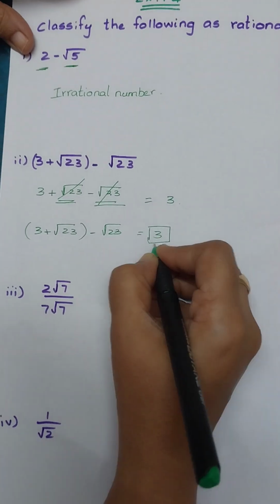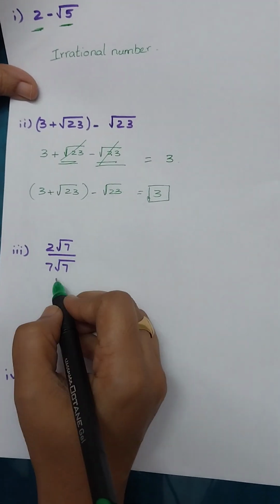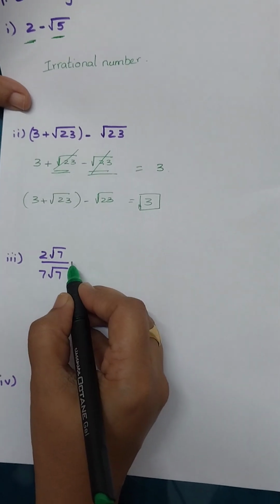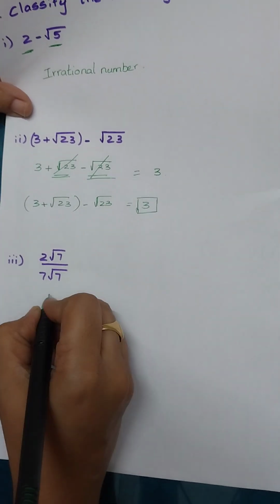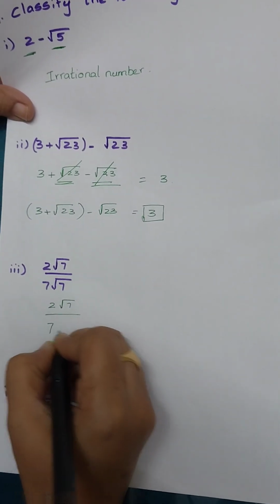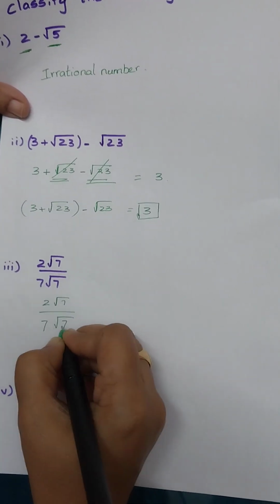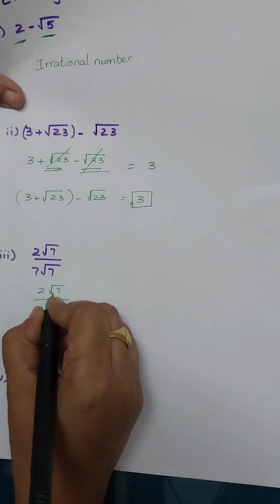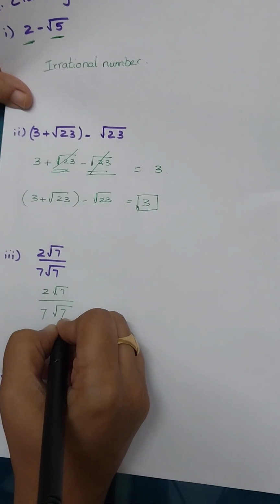Okay. Now let's go to the next one. 2 root 7 by 7 root 7. So how do we solve this? 2 square root of 7 by 7 square root of 7. So here the numerator has root 7, the denominator has root 7.